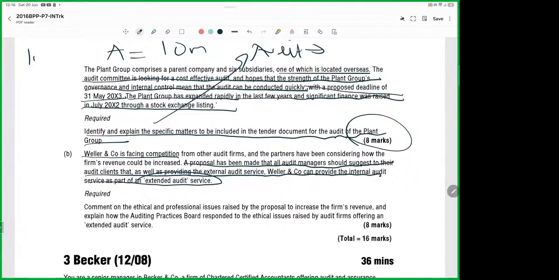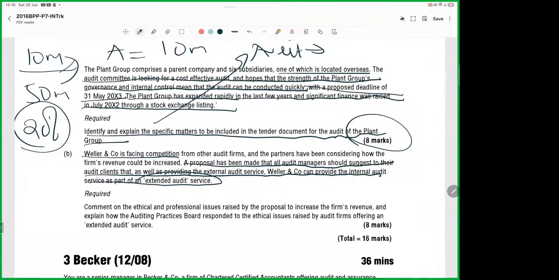So when I take 10 million divided by 50 million, I get 20% of my fees from one client. This will lead to what we call over-reliance. As an auditor, you're not supposed to over-rely on one client, because then your independence will be compromised. You will be singing hallelujah to this guy every time so that he doesn't drop you, because if he drops you, you're going to lose 20 cents.